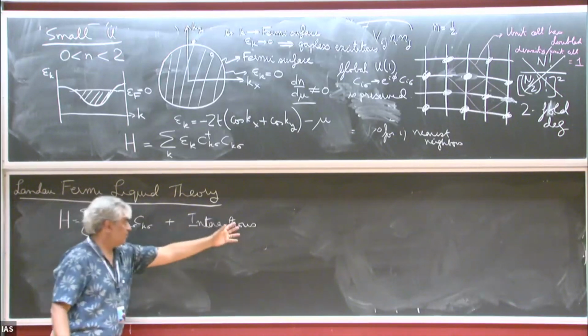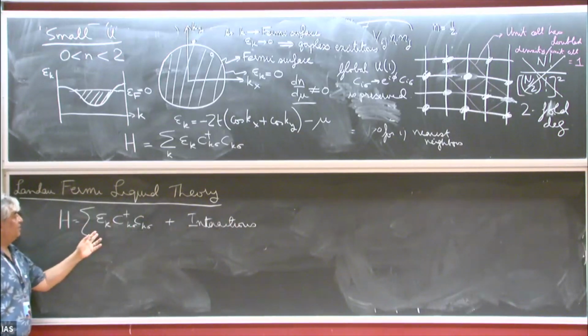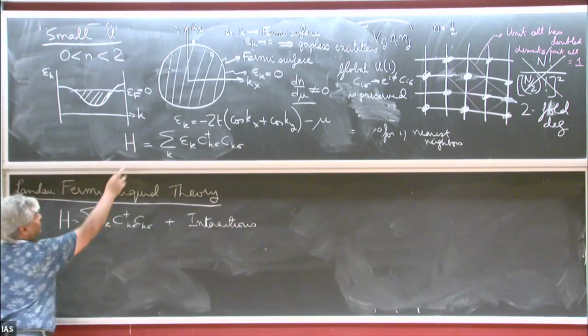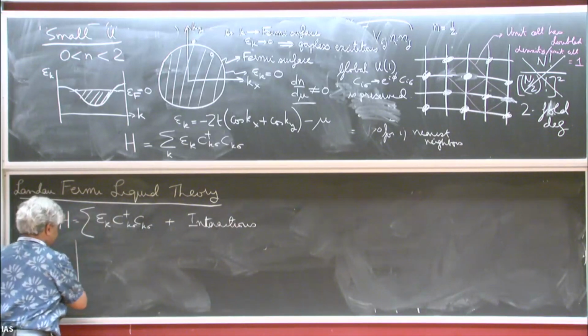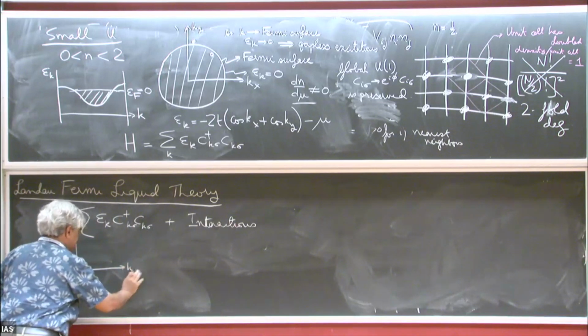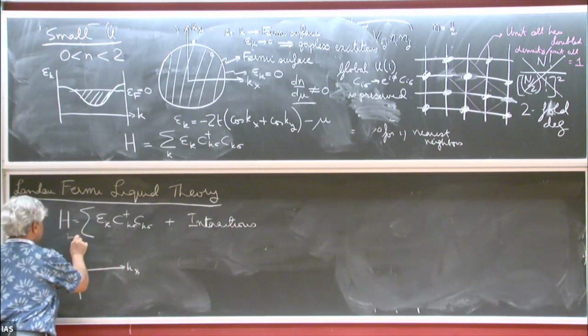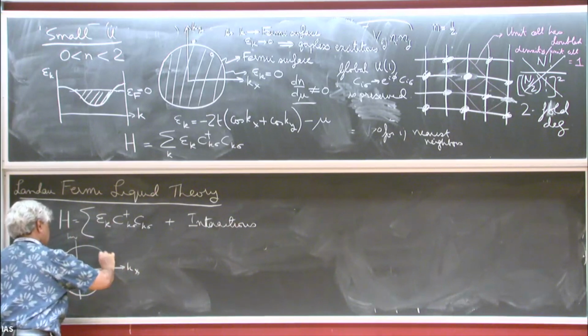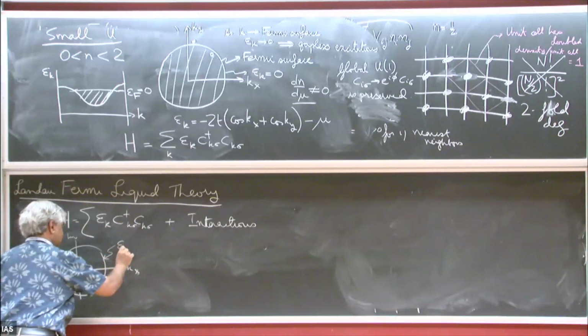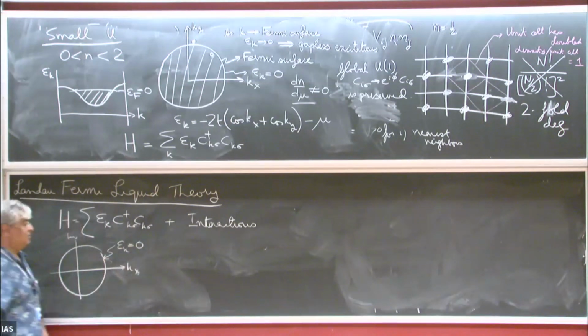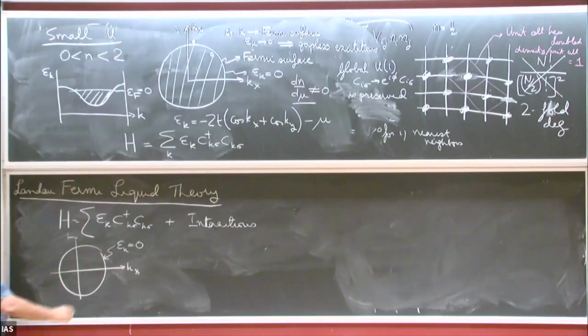We're going to add some weak interactions to the free Fermi gas. And we're going to assume, like I drew over there, that in momentum space in 2 or higher dimensions, there's a surface at which epsilon k is equal to 0. Okay.